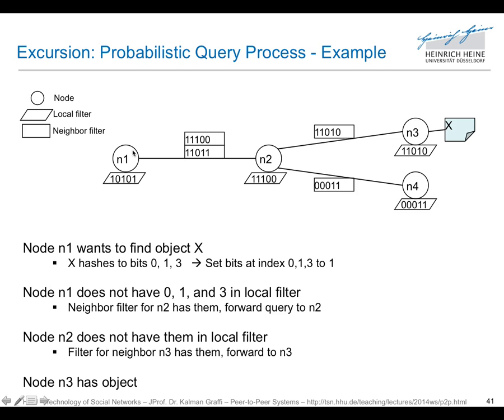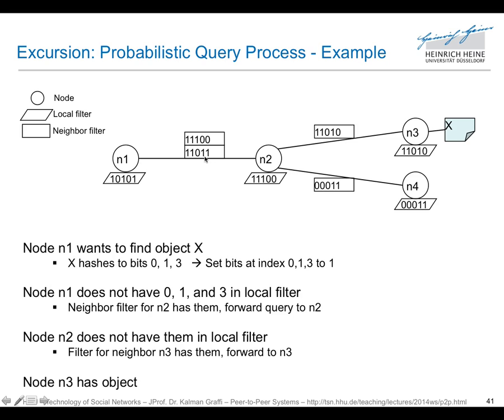This is the level 1 Bloom filter of N1, and the level 2 Bloom filter of N1 is the union of all of its 2-hop neighbors. So if you take the union of 1, 1, 0, 1, 0 and 0, 0, 0, 1, 1, then you get this.